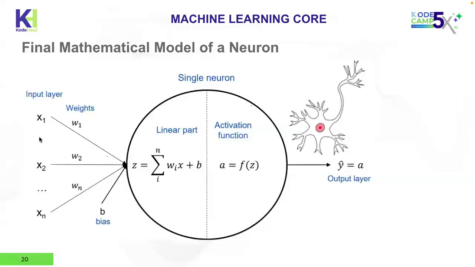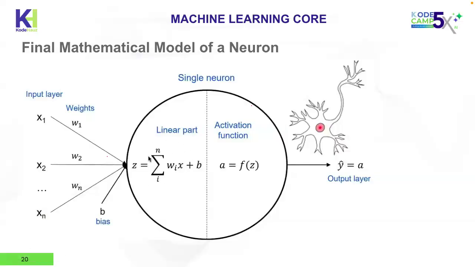Input layer, you have x1, x2, xn, the values are coming in. The weights, which represent the synapses, are coming. The bias, which represents the bias of that neuron. You combine it linearly to form the Z. Z equals summation from i to n of wi times xi plus b.